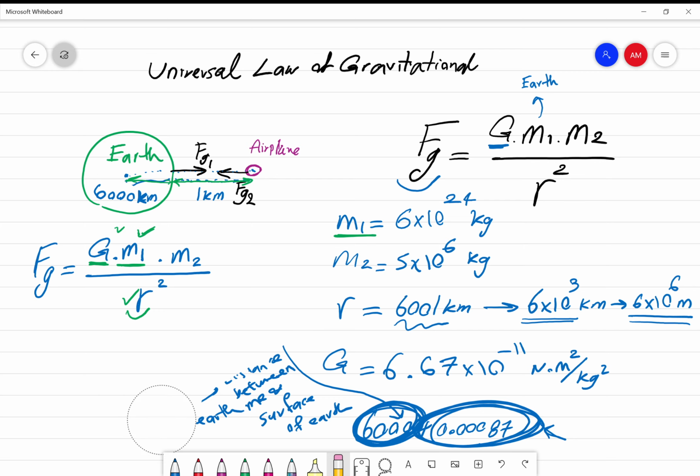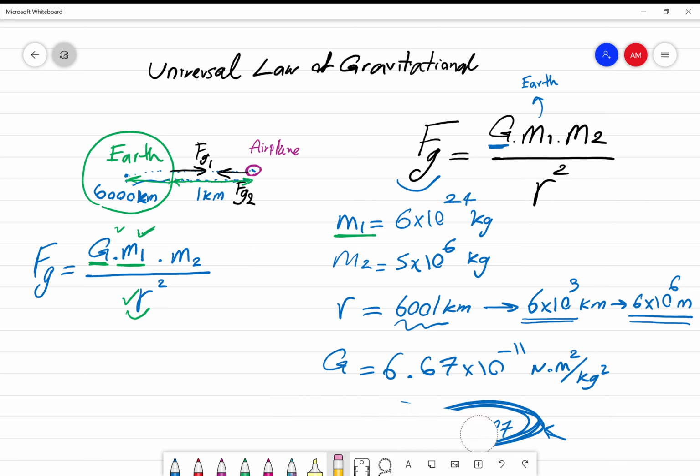The conclusion is that when you're calculating the force of gravity between Earth and any other object, where Earth is one of the objects, okay? So one part of it is Earth, the other part is something else. In this case it is airplane, it could be some other object. If that happens, the value for G is always constant.